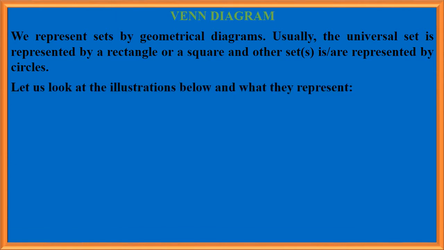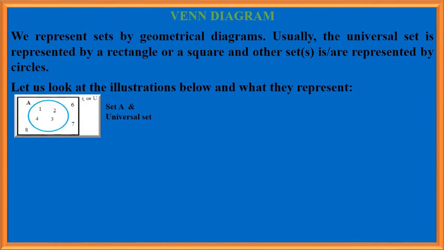For example, when we look at the illustrations below, the circle here represents set A with its elements 1, 2, 3, 4. Then the rectangle here represents our universal set. So this illustration contains set A and the universal set.